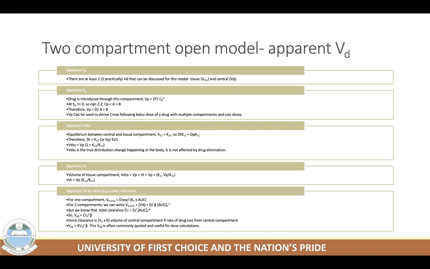So the clearance from the central compartment can also be described as the rate constant times the apparent volume of distribution of plasma, or the central compartment. Okay, so by substituting that, you now get this term.